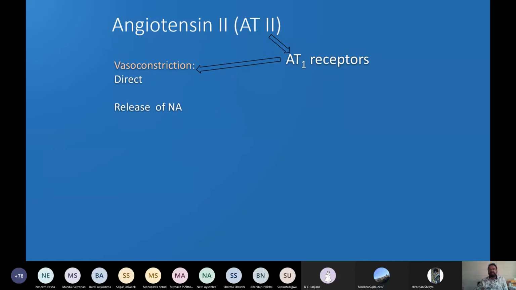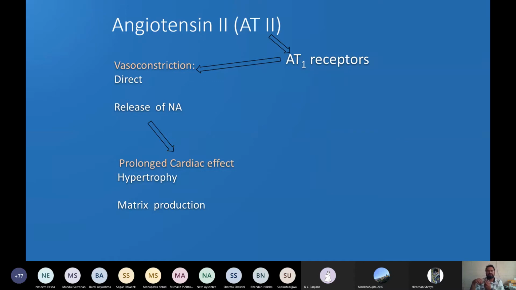Okay, and indirectly it can even release noradrenaline. Not from adrenal glands, from the synaptic clefts, noradrenaline, which will further give that vasoconstrictor reaction, and then because of this continuous high or raised BP, it can create hypertrophy.